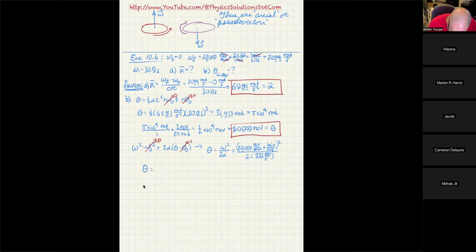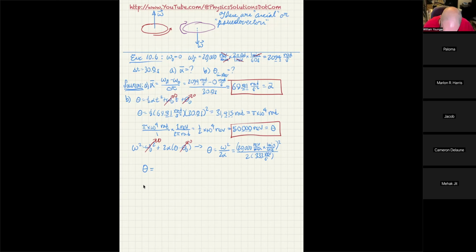So let's check it out, see what happens. I'm going to say 20,000 divided by 60. We just did that and got 333.3333. Now I got to square that, and then I'm going to divide that quantity by parentheses 2 times 333.33. And this time it gives me, did I remember to square everything?